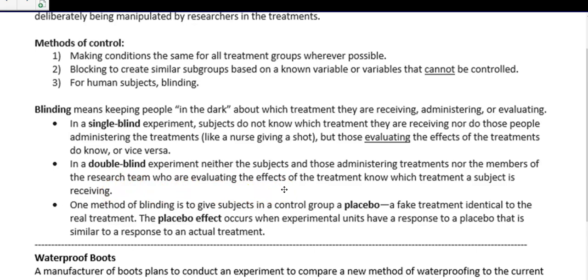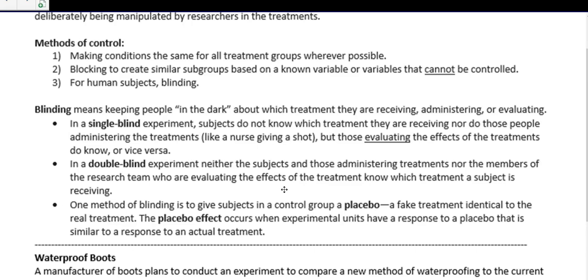He's behind the scenes orchestrating everything. He's randomly assigning people to groups. He's packaging the medicine in identical bottles with just maybe the name of the person receiving the medicine on the bottle. He knows whether the pill in the bottle is fake or real. But nobody else does.